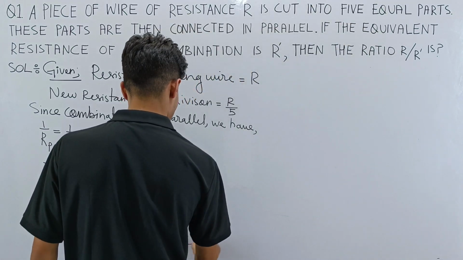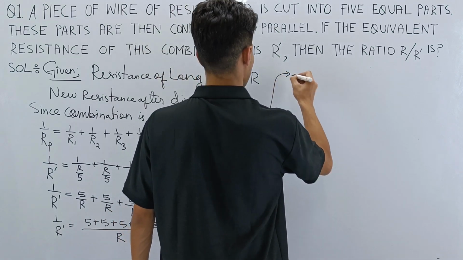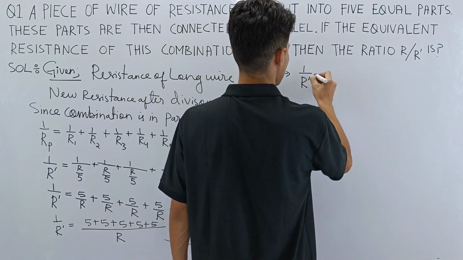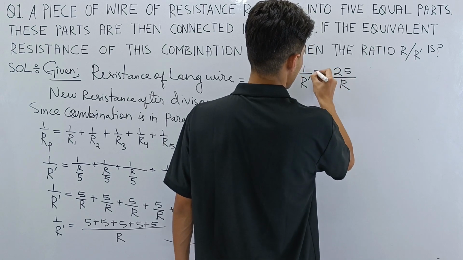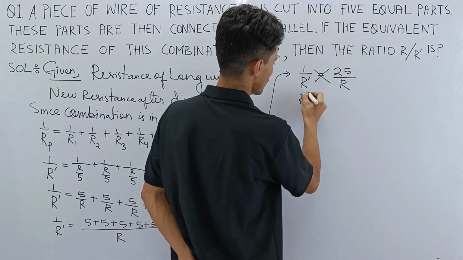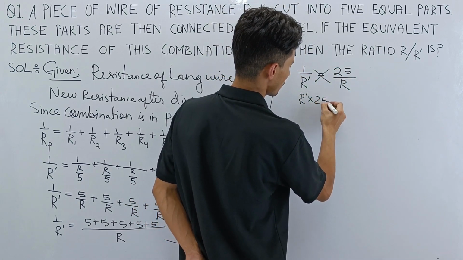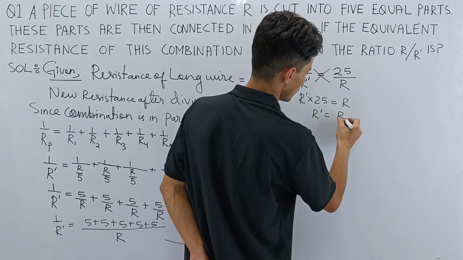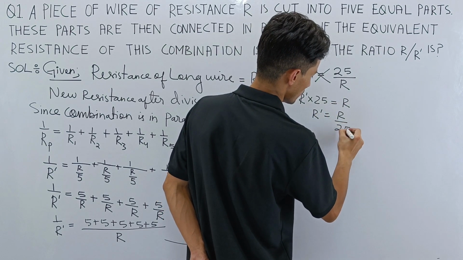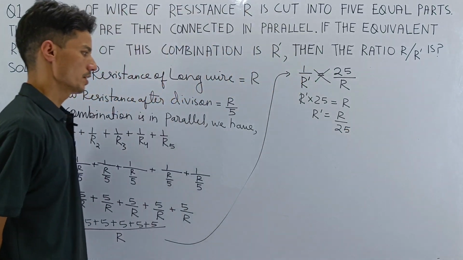So from this we go to this one. So 1 by R dash is equal to 25 by R, by cross multiplication. This is the value of R dash.